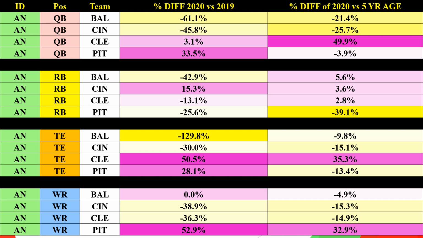All the other teams were down, so nobody really did so good versus their 5-year average. Baltimore at minus 5% is closest to zero here, but nothing really dramatic.